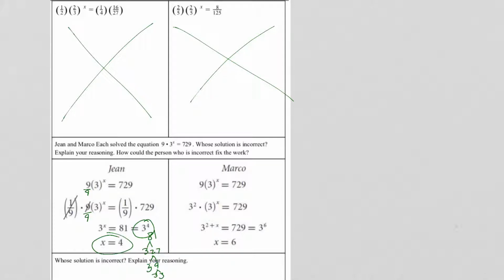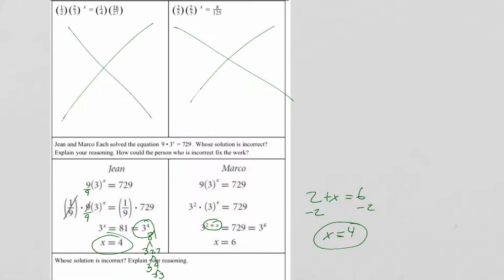How about this one, though? What did they do? They took 3 squared. No, this is where they made a mistake. If 2 plus x is equal to 6, x can't be 6. x has to be 4.